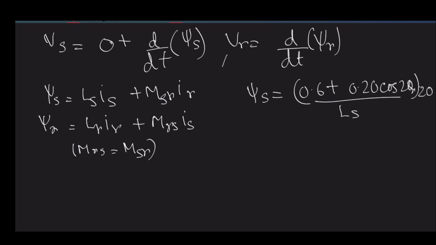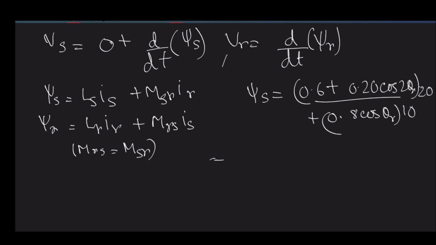I suggest that for your better reference, when I solve a problem in this video, you just take a snap or screenshot of the first page. So whenever you need any value in future, you can directly refer to that screenshot instead of scrolling back to the original page. So here we are getting psi s equal to 12 plus 4, and another term will be plus Msr, that is 0.8 cos theta r into 10.